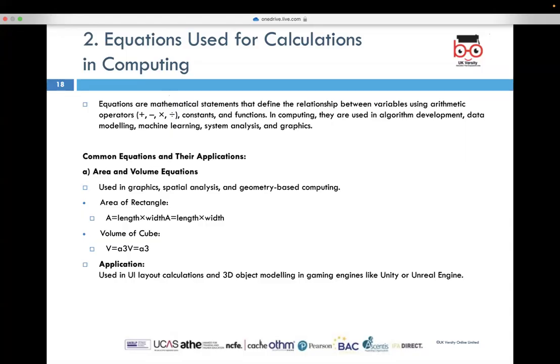Common equations and their applications: area and volume equations are used in graphics, spatial analysis, and geometry-based computing. Area of a rectangle equals length times width, and volume of a cube equals a cubed. Used in UI layout calculation and 3D object modeling in gaming engines such as Unity or Unreal Engine.